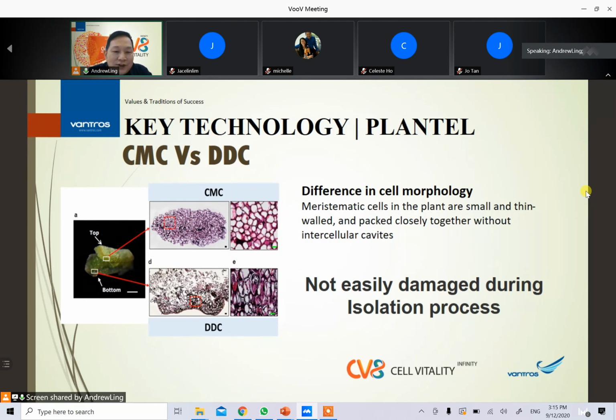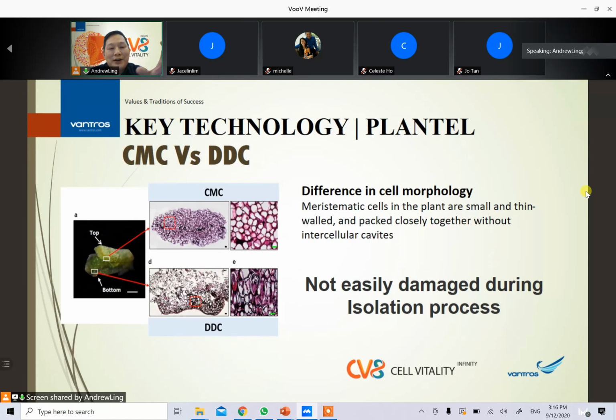First, the CMC cell compared with the DDC cell has a difference in cell morphology, in other words, in the way they pack together. The CMC cells are all identical, the sizes are more or less the same, and they are packed together tightly. On the DDC cell, the size is completely different and it is not closely packed together.